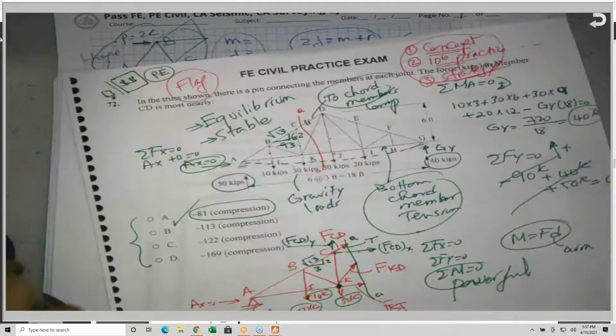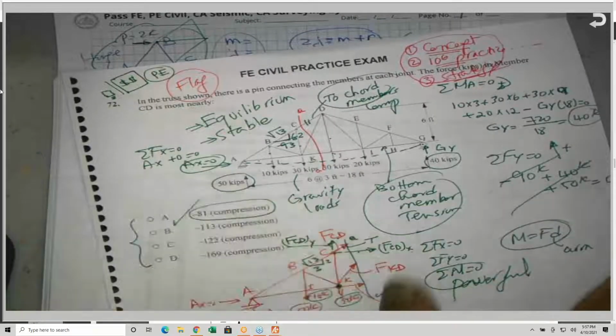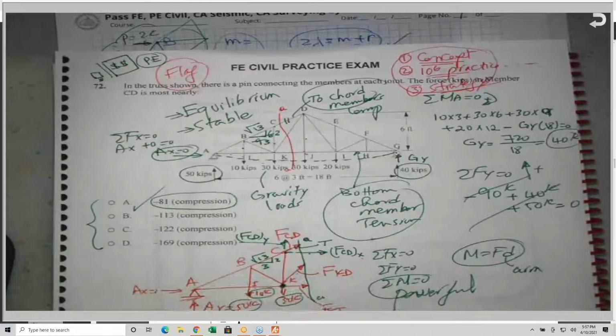Let me take a question from one of you. Sorry for keeping you waiting, but I normally wait until I finish the problem, and after that I will be glad to answer. So the question is about joint L. Did I miss anything?